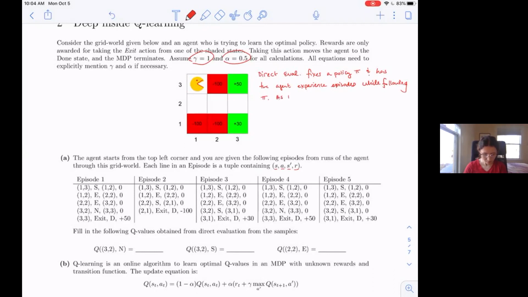As the agent collects samples, it keeps a count of the number of times it visits states and actions, and the total discounted utility for each state.